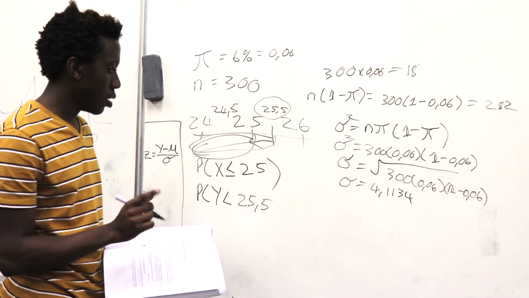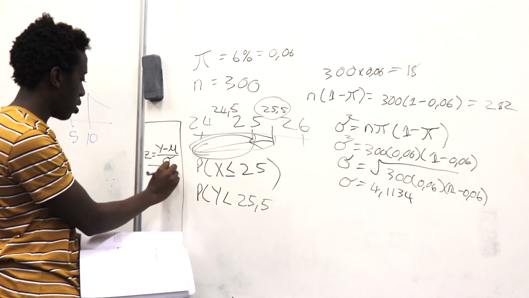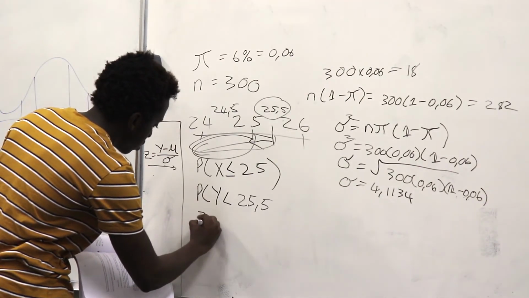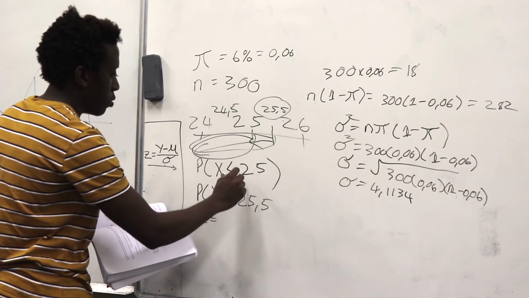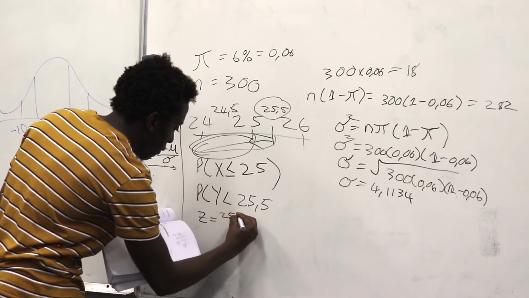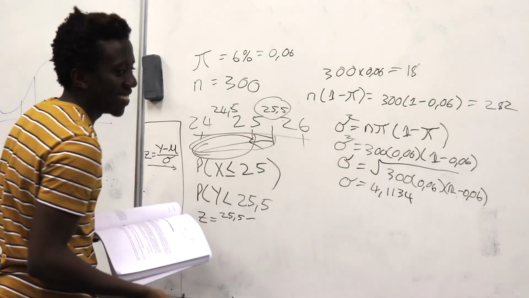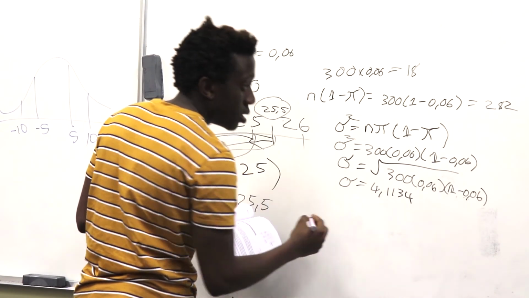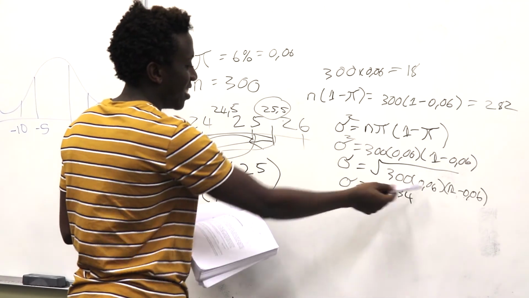So then we're going back to this formula over here. The z value is going to be equal to the y, which we got over here as 25.5, minus the mu over here. Sorry, I actually forgot to calculate what the mu is. You have it on top: 18. Oh yeah, 18.